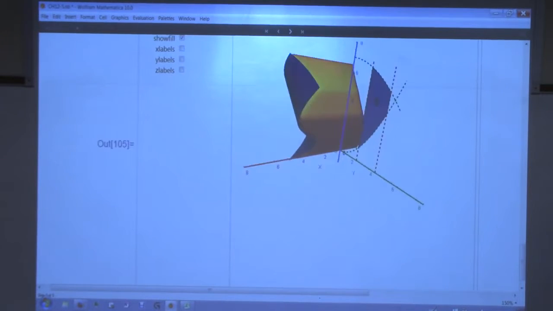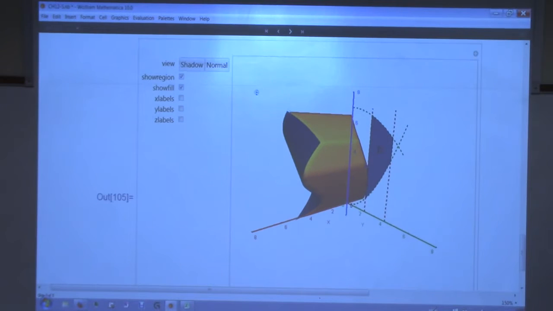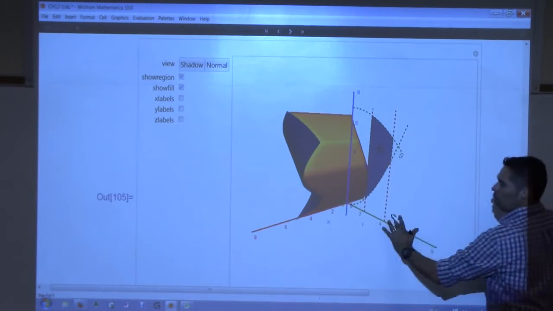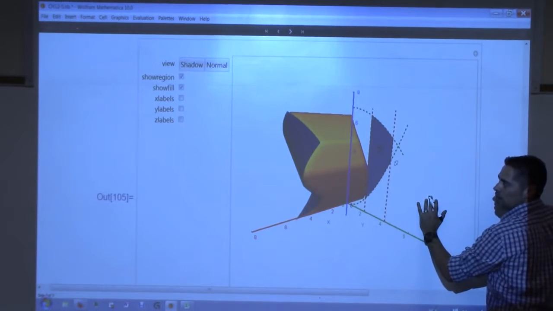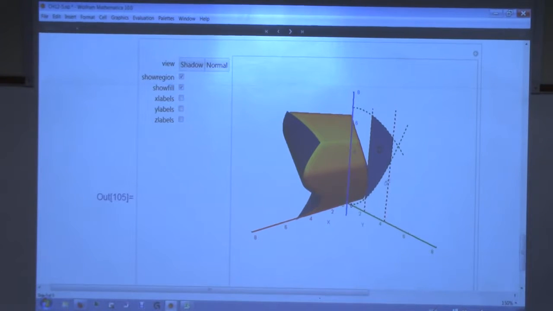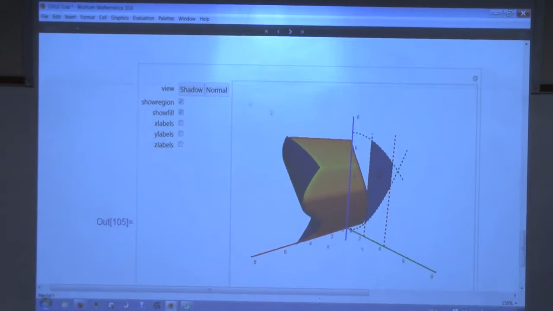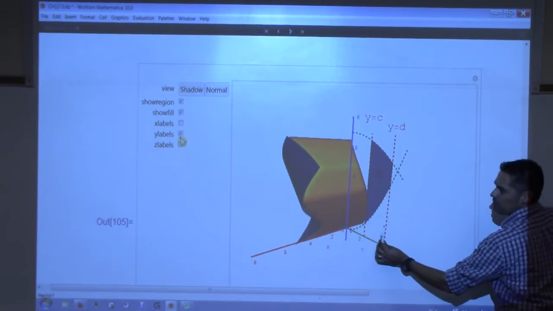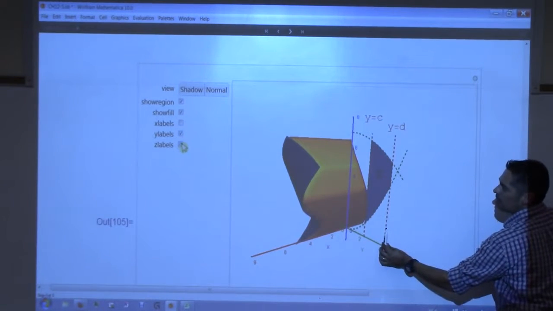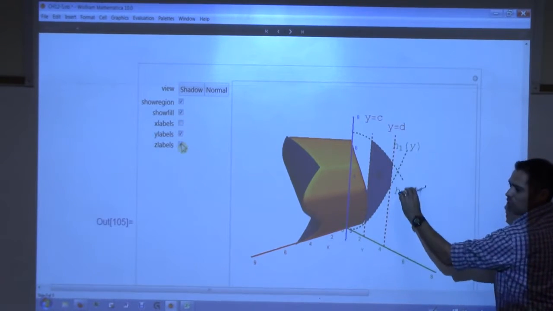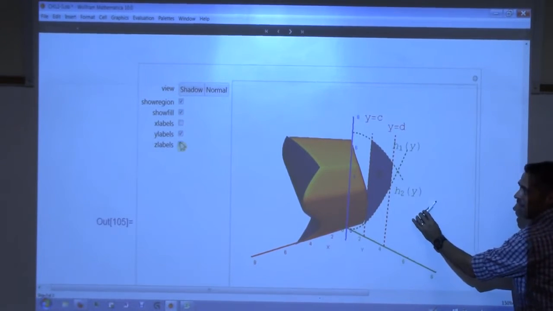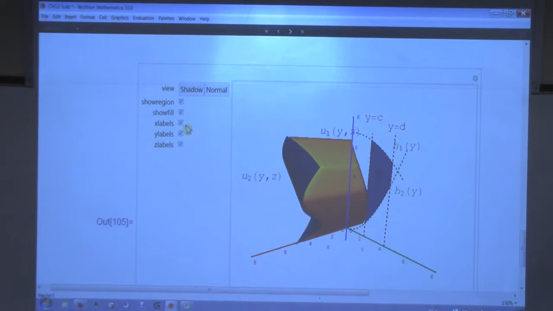But if this particular object has a nice shadow going up against the YZ plane, then maybe I can do it. So I could have my y stuck between two constants, my z's stuck between two functions of y, and then I could have my x's be surfaces.